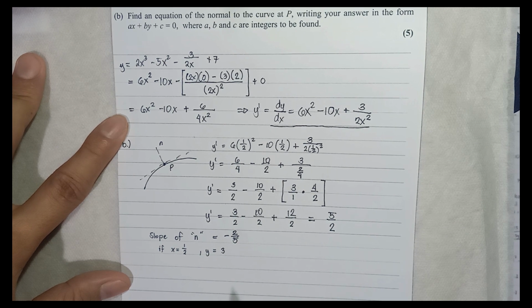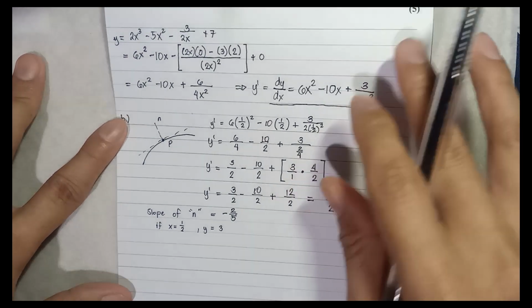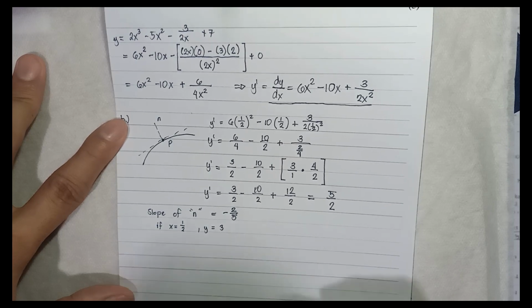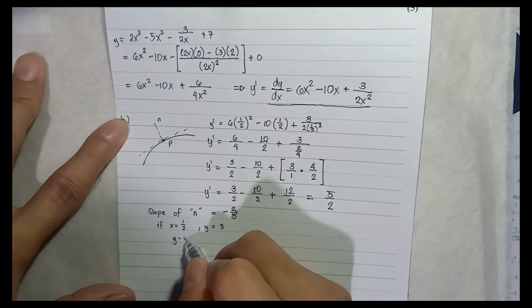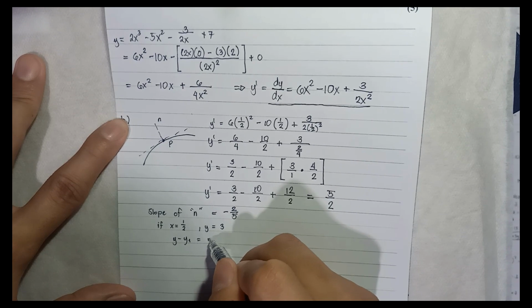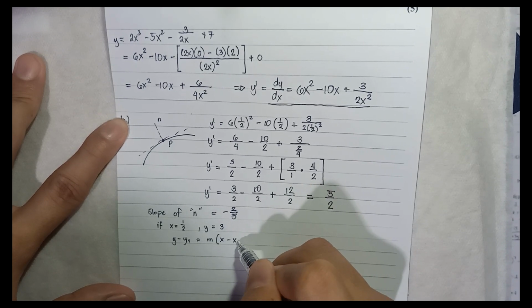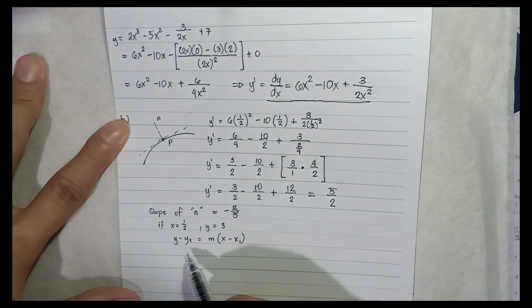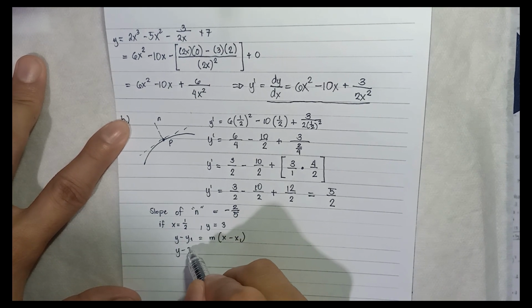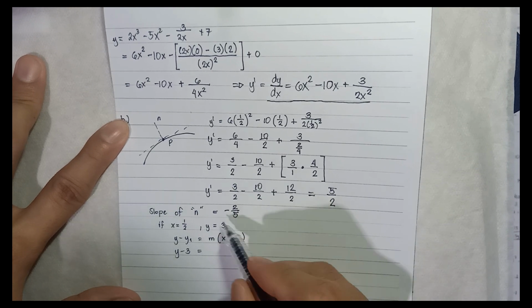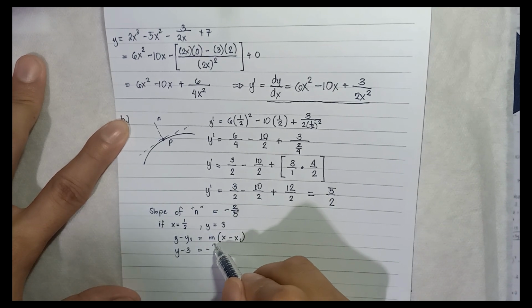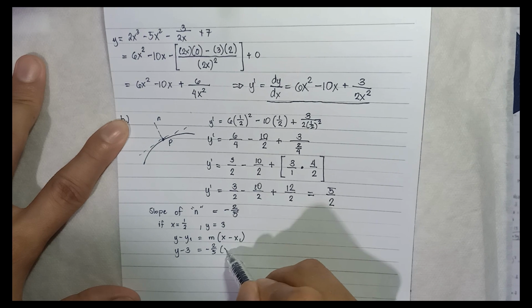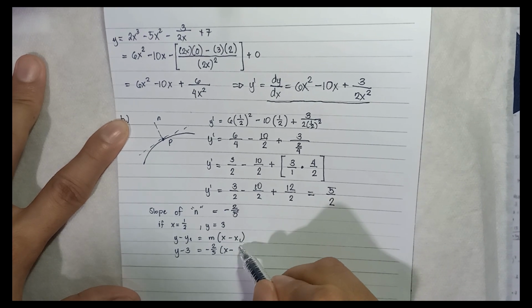Now we have this point and this slope, so we can use the point slope form of the equation of a line. The formula is y minus y sub 1 equals m times x minus x sub 1. Here y sub 1 will be 3, so we have y minus 3 equals m, which is negative 2 over 5, times x minus x sub 1, which will be 1/2.